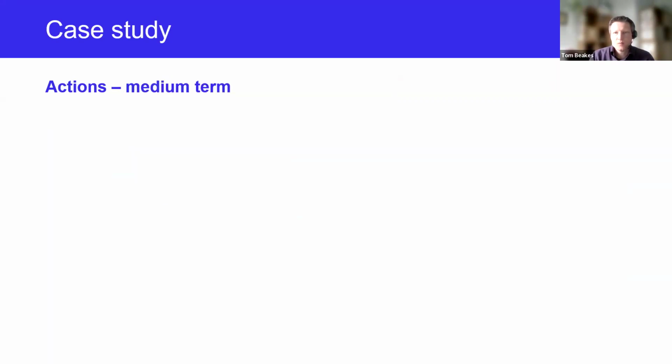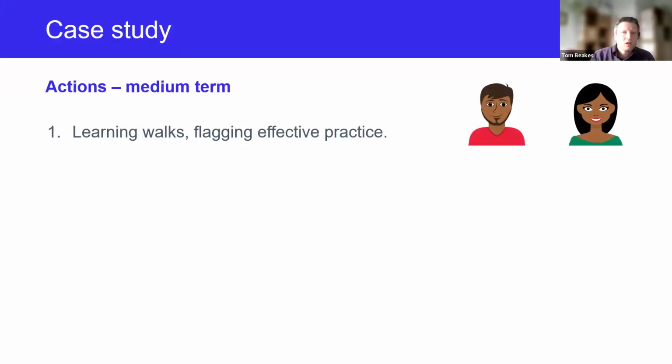In the medium term, the EAL coordinator and one of the EAL champions decide to do some learning walks in the school. So they pop into lessons and they're able to notice where there's good practice, notice things that are working, and then share those with the wider school team.